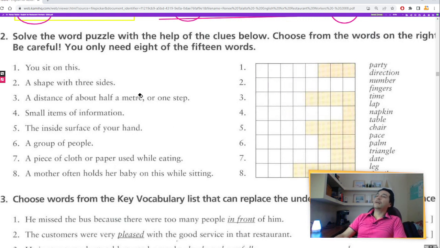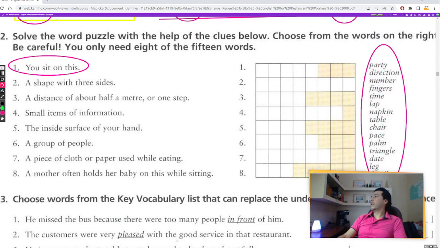Ready? You sit on this. Number 1, you sit on this object, right? Remember, the nouns are objects, like all things, people, places, animals, ideas, or concepts. Number 1 says, you sit on this. Which word is something that you sit on?